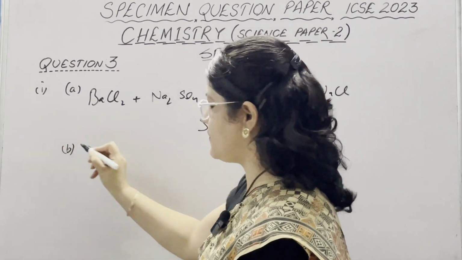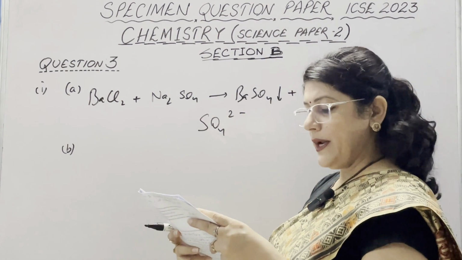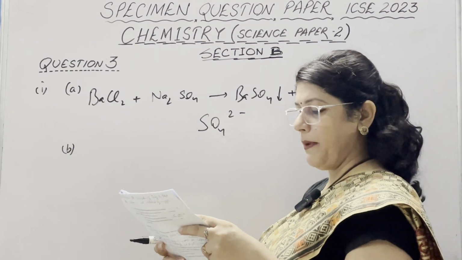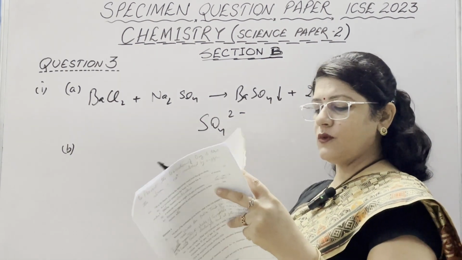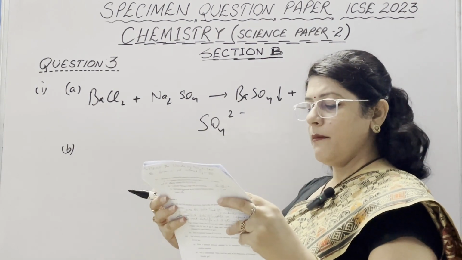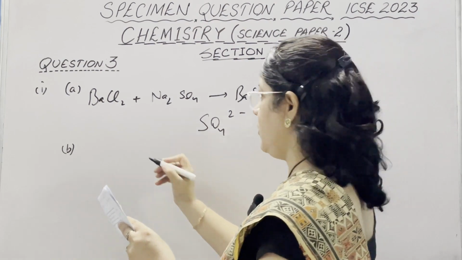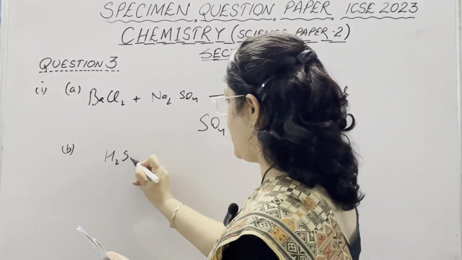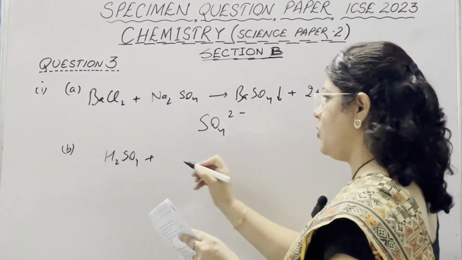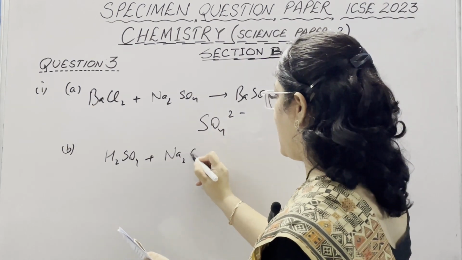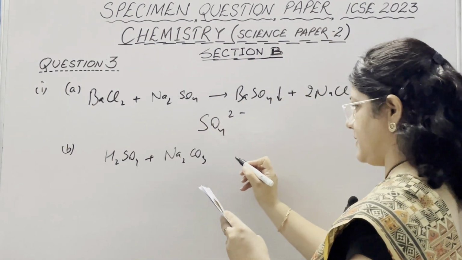In B part of this first part, when dilute sulfuric acid is added to compound D, a gas is produced which turns lime water milky but has no effect on acidified potassium dichromate solution. So when dilute sulfuric acid is added, we know that carbonate or bicarbonate is present here.